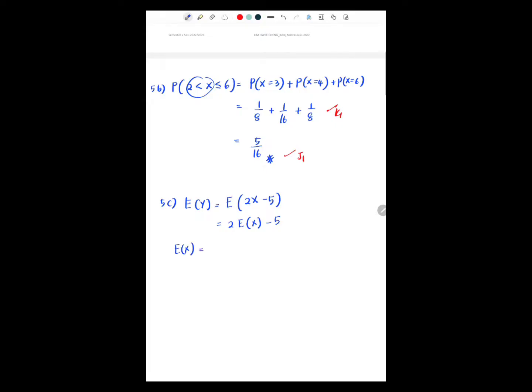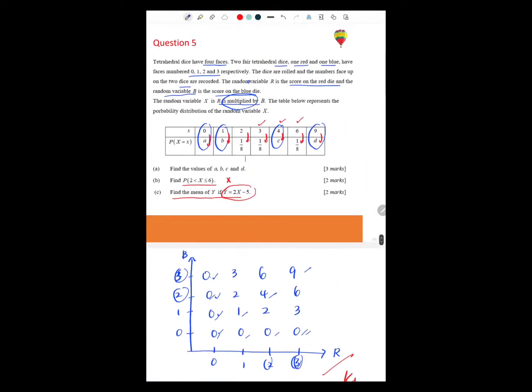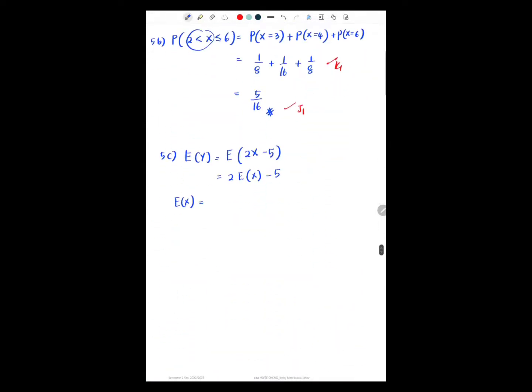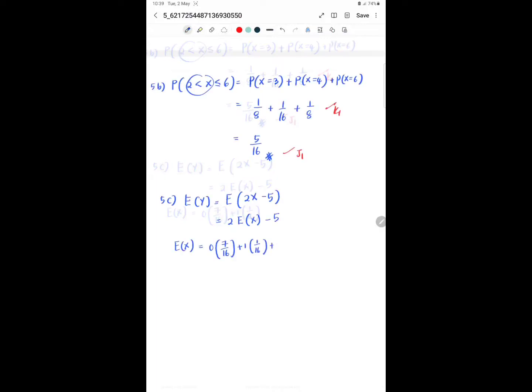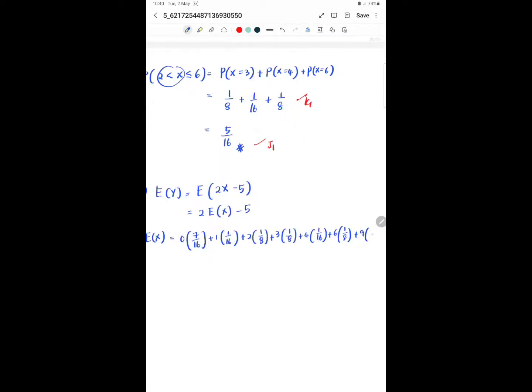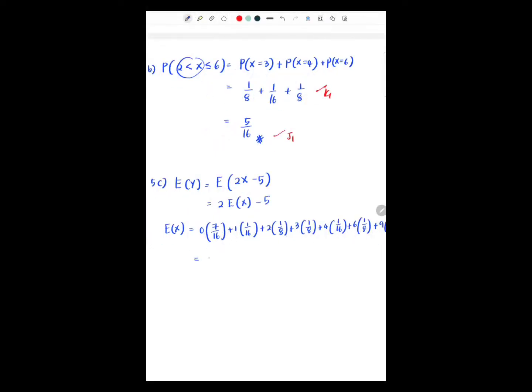Now, we have to find EX first. So we multiply each of the X. X yang kita punya X ke atas ni lah. Darabkan untuk setiap probability dia tu. So 0 times... So when we multiply the expectation EX will be 2.25.